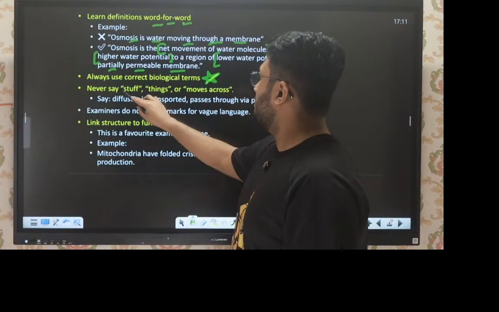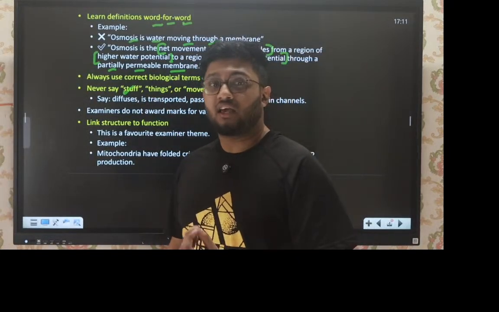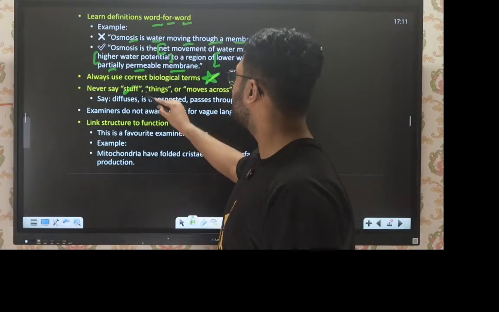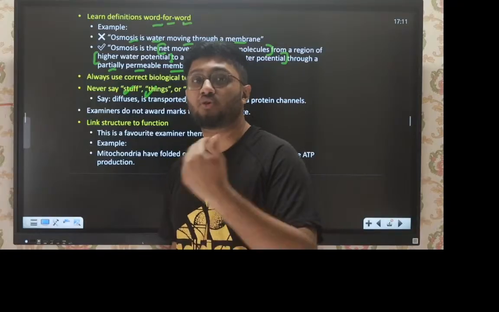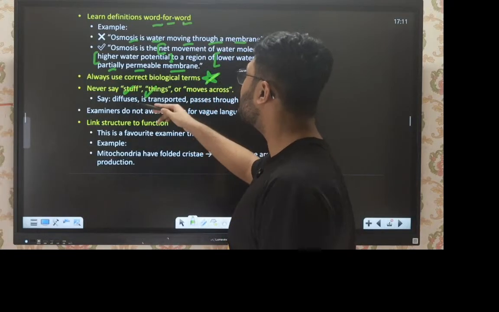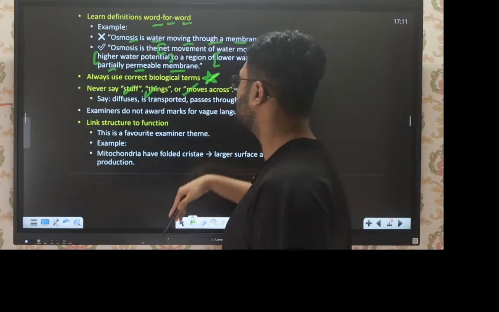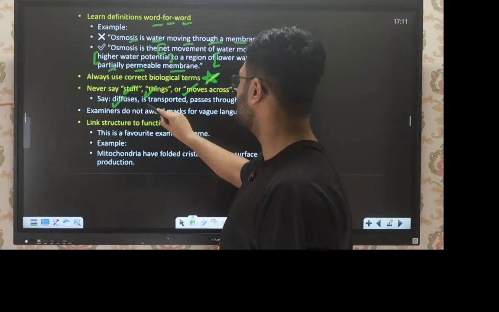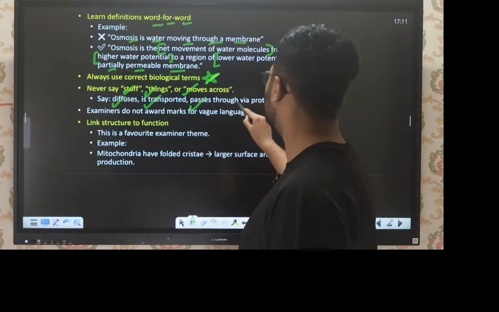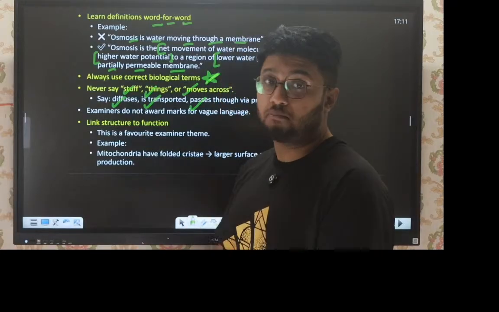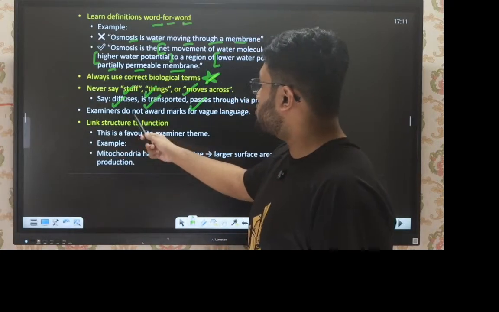Make it easier for the examiner to check your question paper, and thus increase your chances of getting marks. So don't say words such as things, stuff, moves across. Instead use the words diffuses, is transported, passes through via protein channels. So you guys have to up your game here. Link the structure to the function.